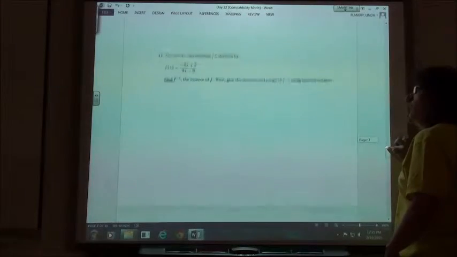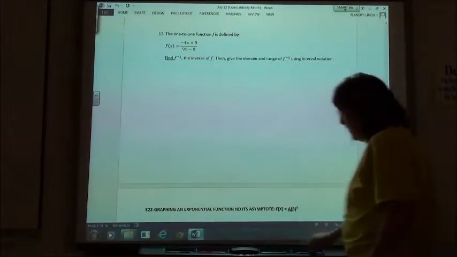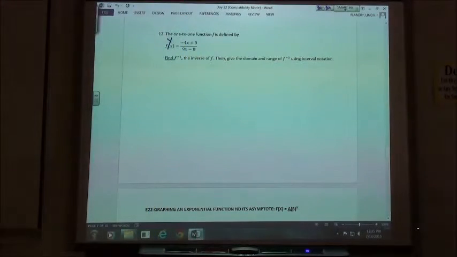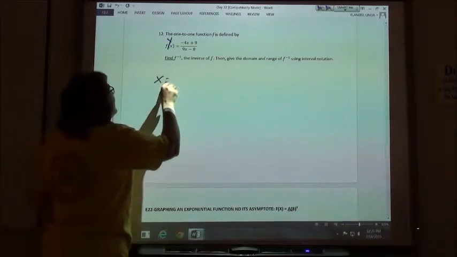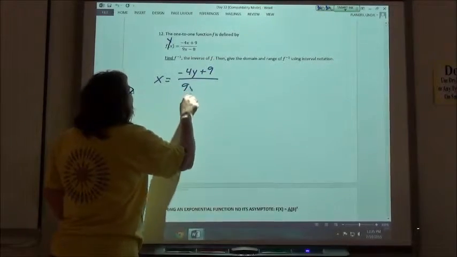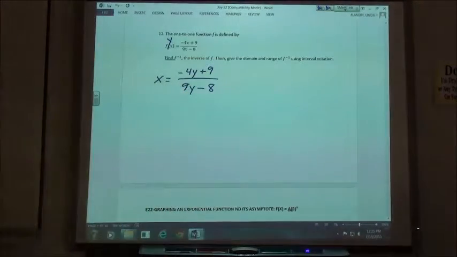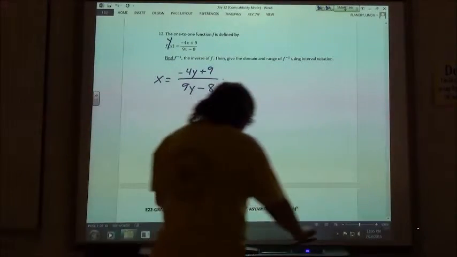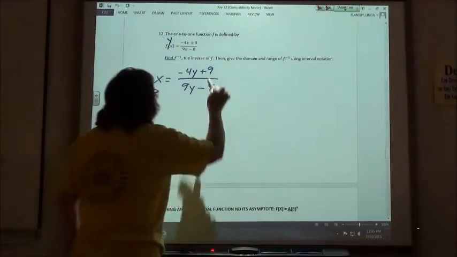And number 12, then. If I replace my f of x with the y and do the inverse, I would have what? X equals negative 4y plus 9 over 9y minus 8. Next step, we'll get rid of our fraction.